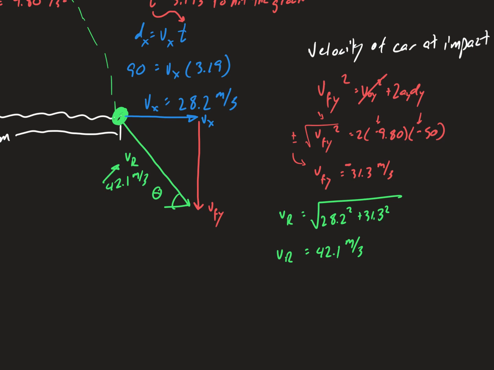We like to say this is the inverse tangent of that y velocity, 31.3, over the x velocity, which remains unchanged, 28.2. So we get the angle of impact is about 47.9 degrees. The way we phrase this, we'll say it's to the ground.